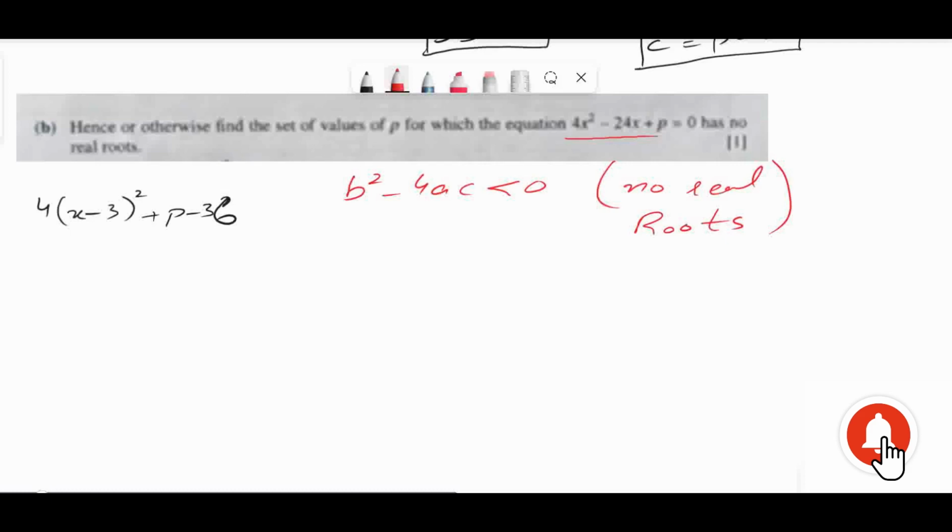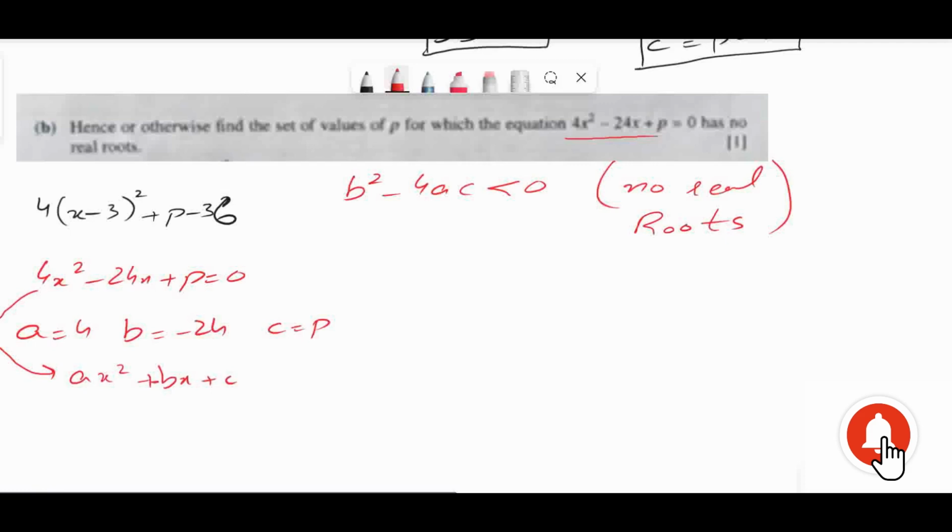So in the equation 4x square minus 24x plus p is equal to 0, we can see that a is equal to 4, b is equal to minus 24 and c is equal to p, because we are comparing this equation with ax square plus bx plus c. This is the standard form of a quadratic equation. So from here we can use the values of a, b and c.